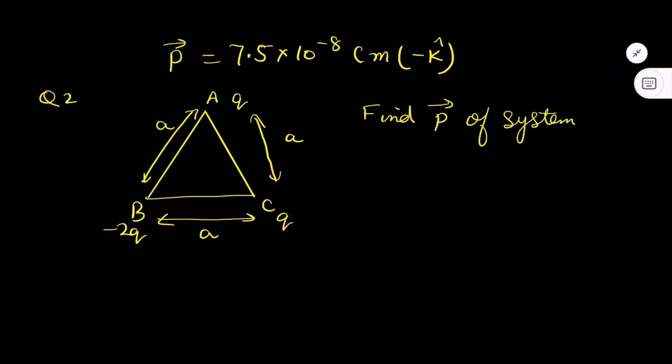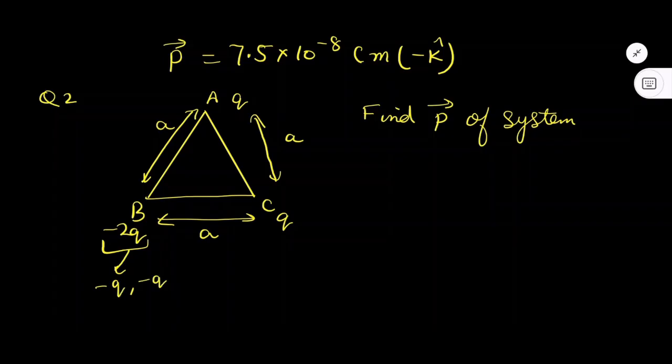So now we know that dipole moment is a vector quantity, right? So we have to solve it vectorially. Now what we'll do is, we'll break this minus 2q into two charges, since we are not able to see here the dipole clearly. So it will be like minus q and minus q.